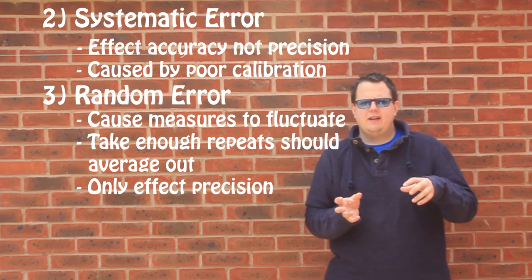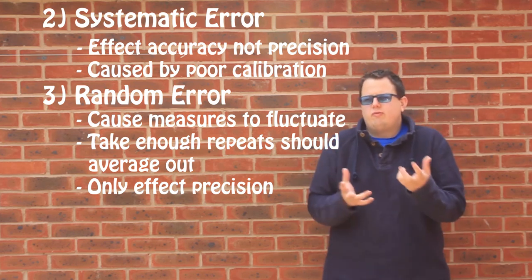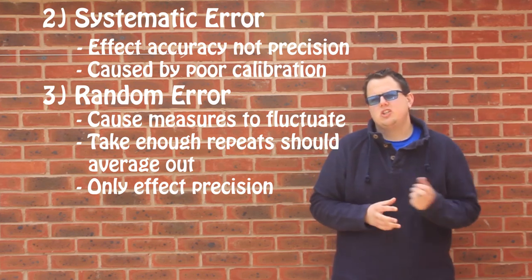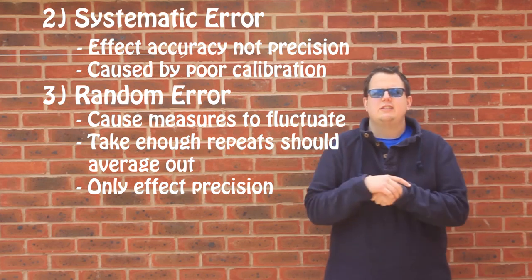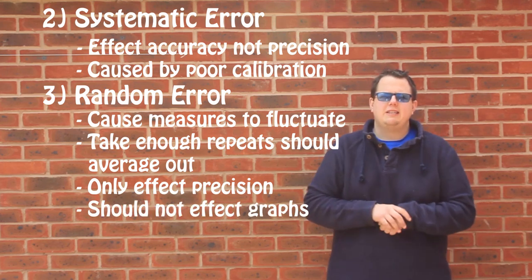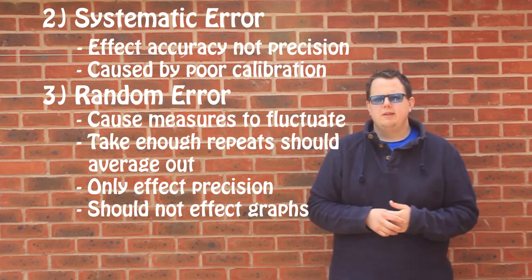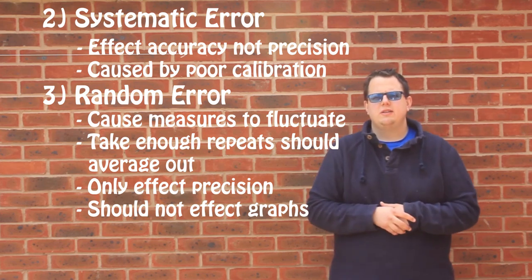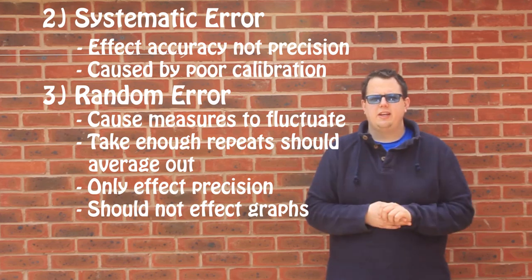The fact they should average each other out means they shouldn't have any effect on a graph, or it's difficult to say what effect they'd have on a graph. Unlike systematic errors, random errors can be far easier to spot because they're causing the variation in our readings.